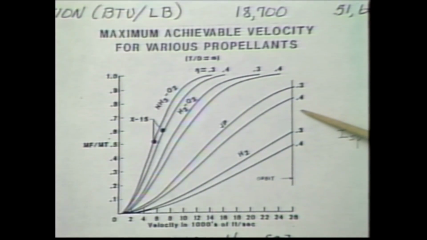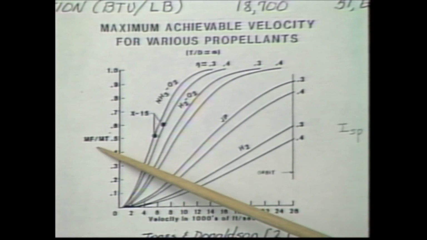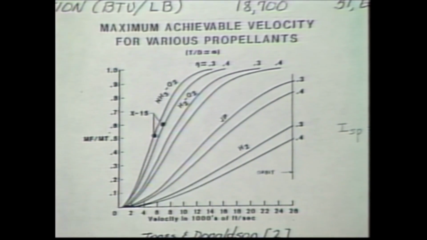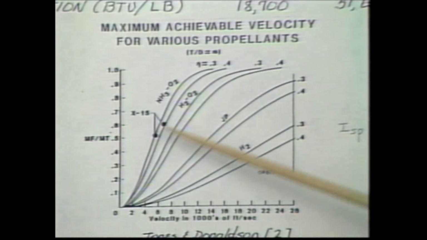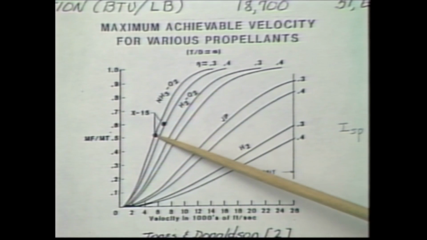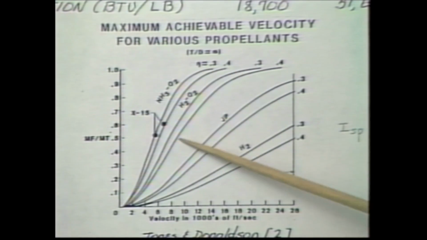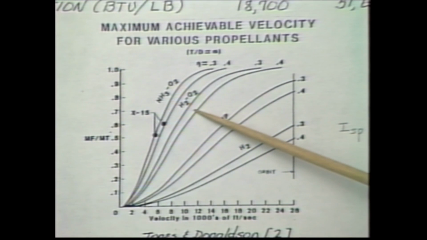It appeared in Aerospace America a few years back, showing the mass fraction, the mass of fuel over the total mass of the vehicle, required to get to an orbital velocity of 26,000 feet per second. As you can see, for typical fuels of the past, like X-15 fuels, you could never make it to orbit. Even with hydrogen oxygen, it'd be very difficult, though in the latest issue of Aerospace America, there are articles on single-stage orbit with rocket propulsion.